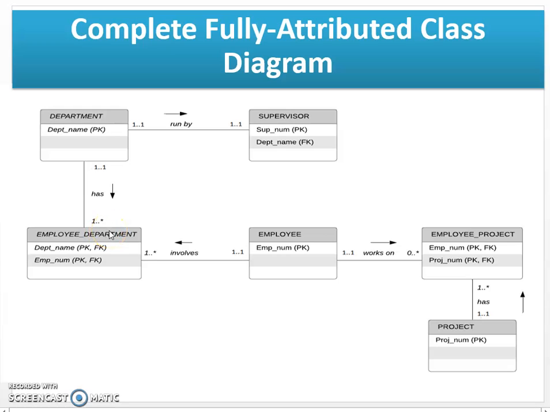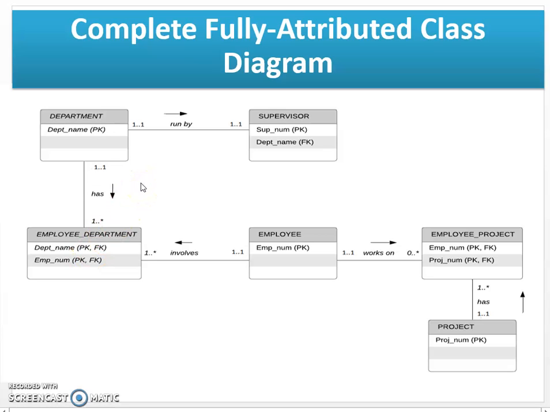That is the easiest way, where you combine both names. So our primary key for department is department name. But for the bridge, where we are bridging department and employee, our primary keys will be the primary keys of the 2 classes we are bridging, and that is the department name becomes our primary key, the employee number becomes our primary key.